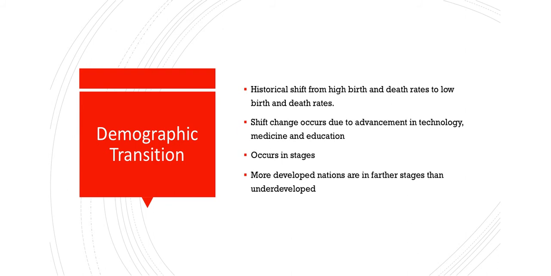What this means is a historical shift from really high birth and death rates to low birth and death rates. So basically, when we're widening this huge gap between the birth and the death rate, and we allow kids and infants to grow up to be adults who can produce children, we are now able to contribute to a really healthy society.